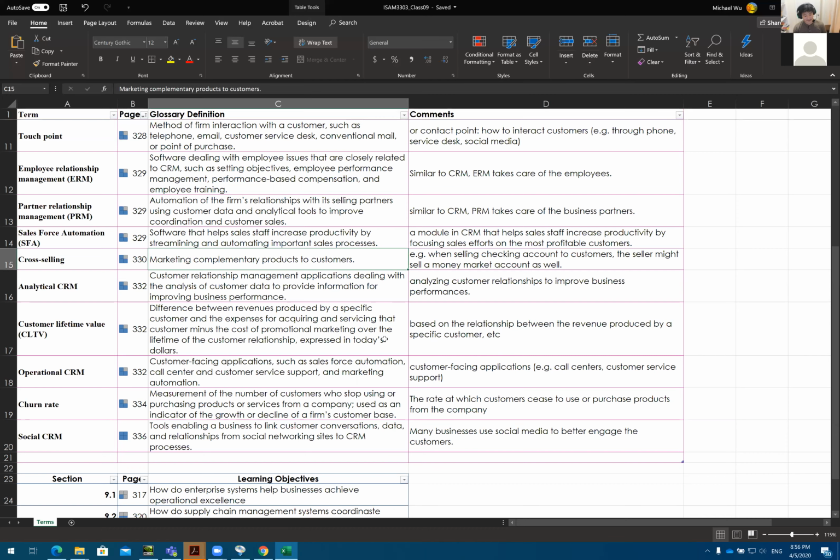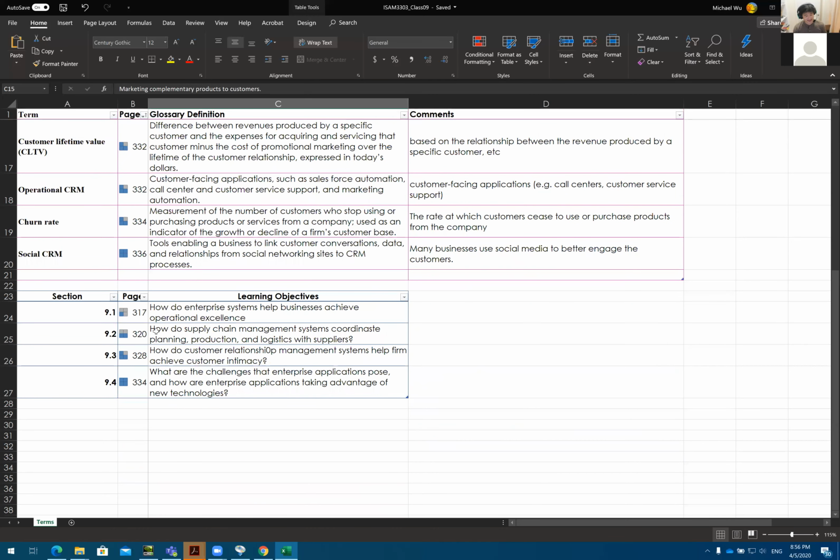So that basically answers these four sections: how supply chain management coordinates planning, production, and logistics with suppliers; how customer relationship management systems help firms achieve customer intimacy; what challenges enterprise applications pose; and how enterprise applications are taking advantage of new technologies.